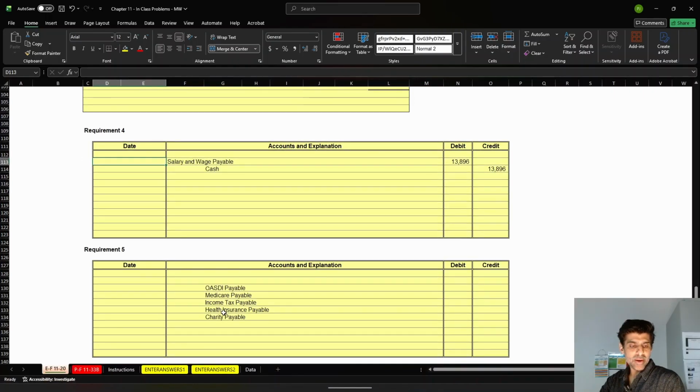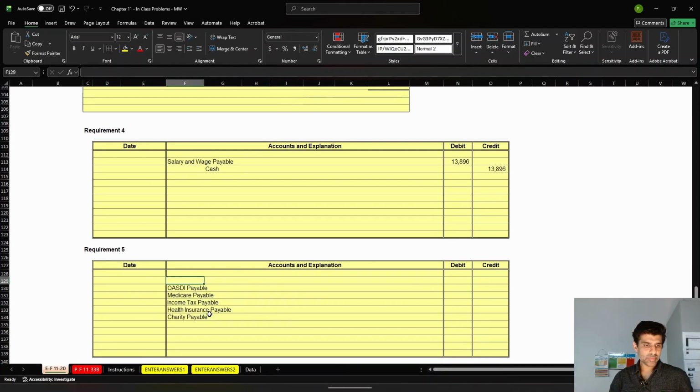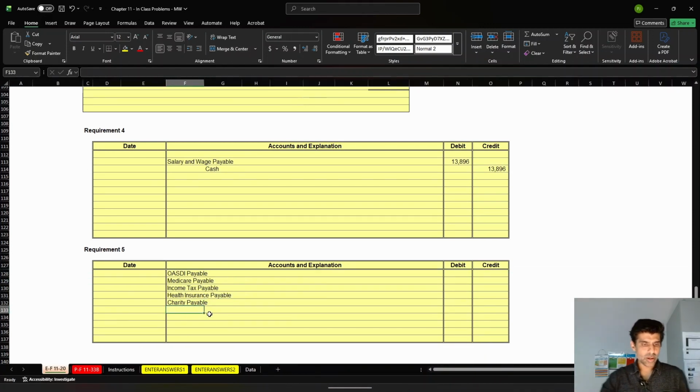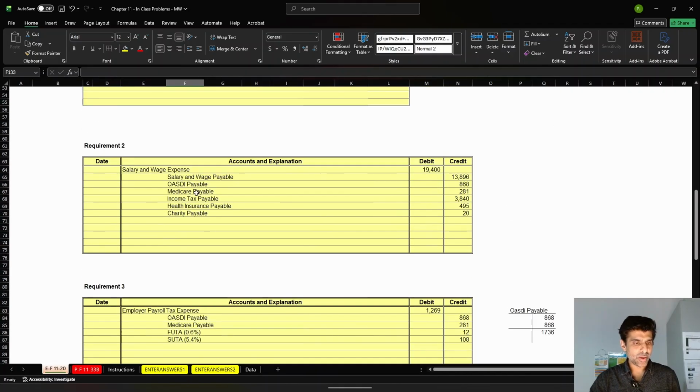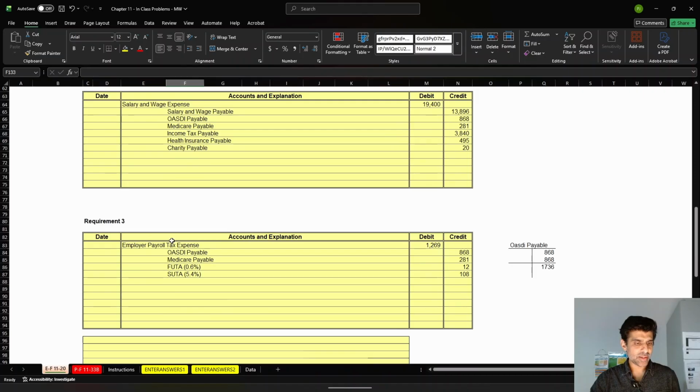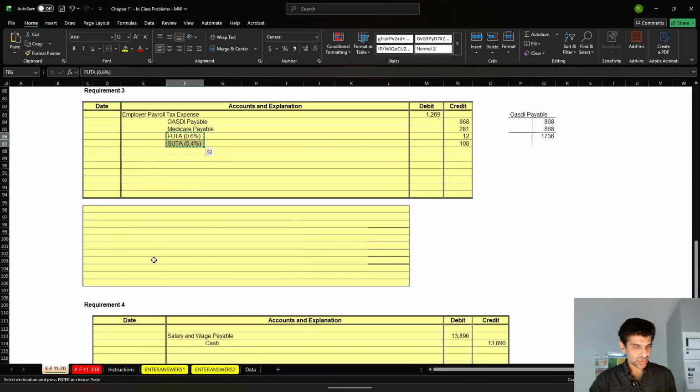Now, for paying off all these payables, they're all going to be debits. What have I not included? So I have OASDI, Medicare, income tax, health insurance, charity. In this one, I have OASDI and Medicare, so I've already included those two. And then I just have these additional two.